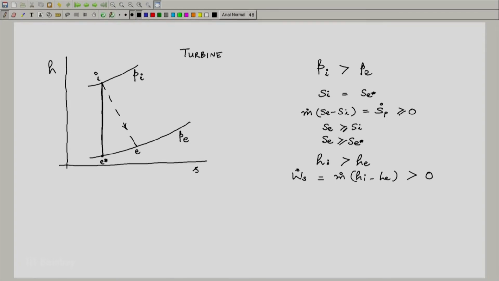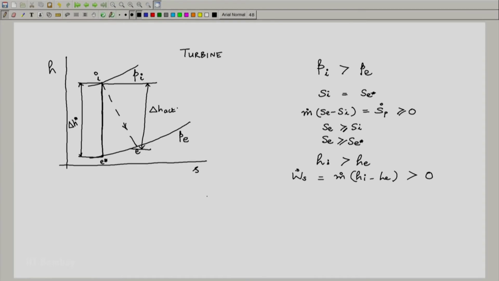Now, you also see that this difference here is the delta H that is ideal, or let me call it delta H star, and this difference from the same H to this here, this is delta H actual.